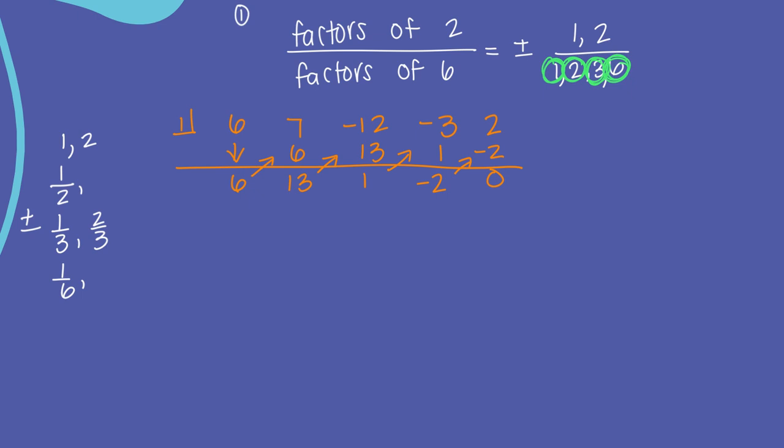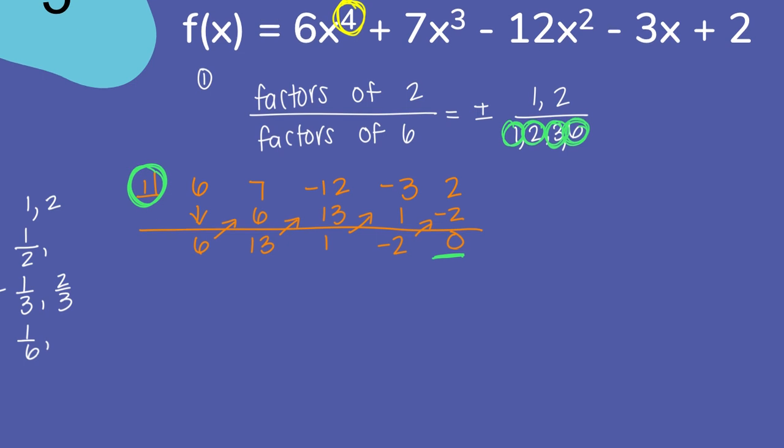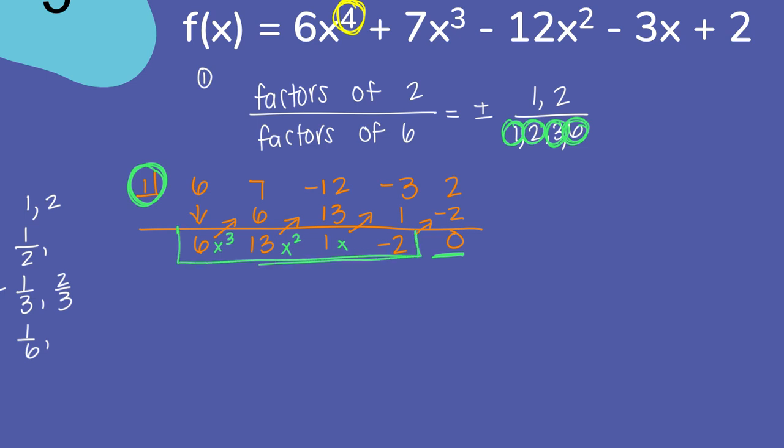How do I know 1 is one of my answers? Because it has a remainder of 0. Good. So this is an answer, yes, because it has a remainder of 0. And I'm going to go ahead and write out that quotient. So if I started with x to the fourth, I'm going to have x to the third, x squared, x. Could we factor this?